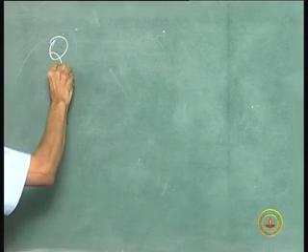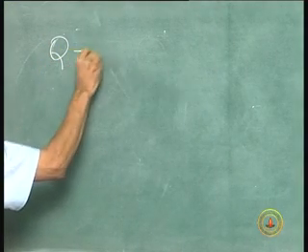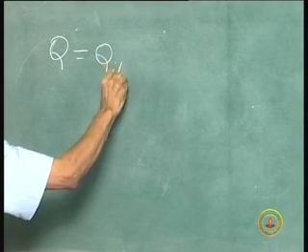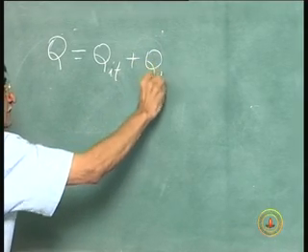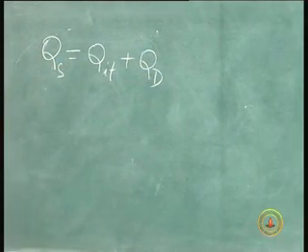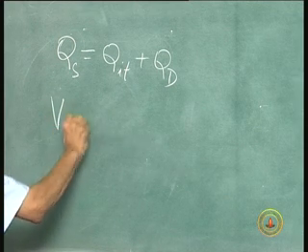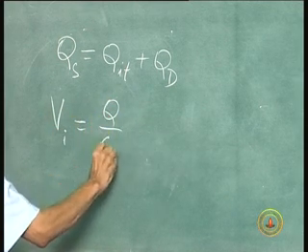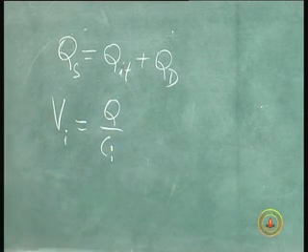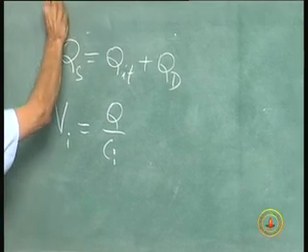So, Q is equal to Q I T plus Q D, that is the Q silicon. In the silicon, that is the Q. So, V I is Q divided by C I, that is all. If I find that, I am in business.